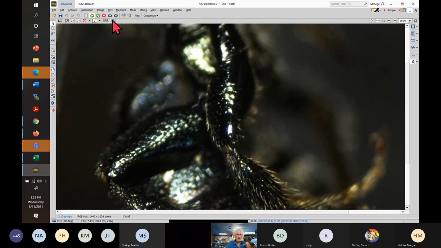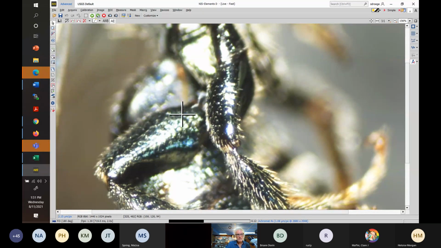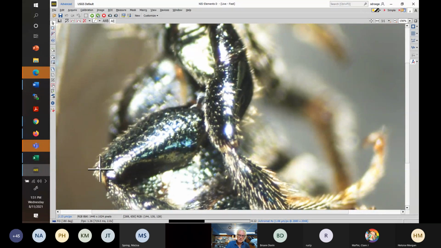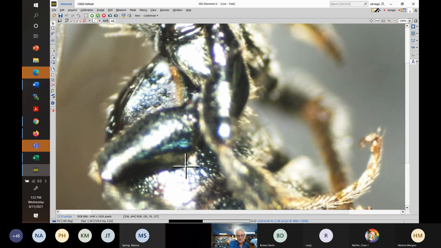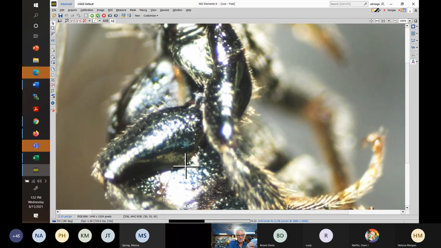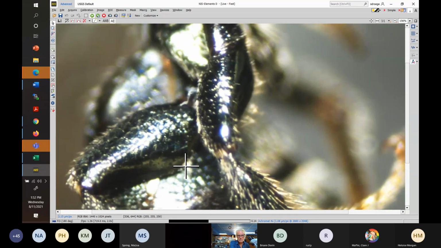It's dark in there. Let me lighten it up. So here again, hind femur shape is oblong with the greatest width towards the base of the segment. At the apex of the whitest part is a small tuft of white hairs that tells you that you're looking at dupla.